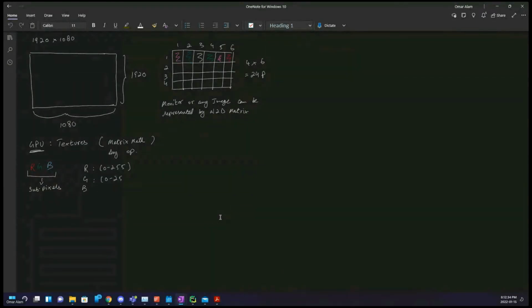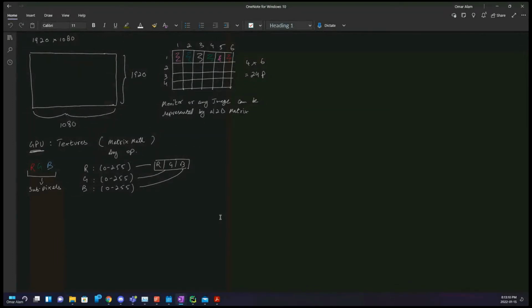And the way we often represent colors is using a row vector with R, G, B in there, right? And each of these goes, like I said, from 0 to 255, all right? And what 0 to 255 represents is the intensity.